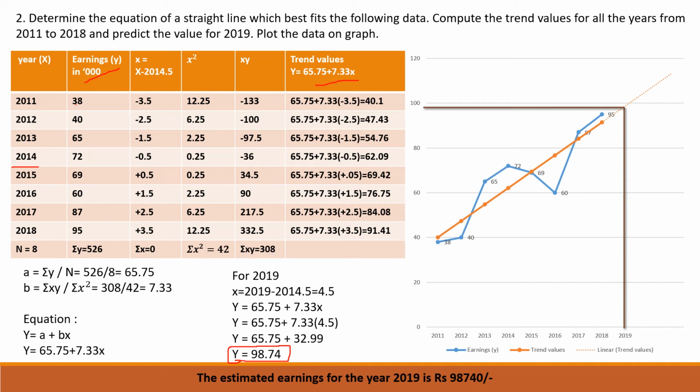So this is how we calculate when summation x equals 0. If summation x is not equal to 0, we have to use the simultaneous solution of equations. So the next problem will be on that.